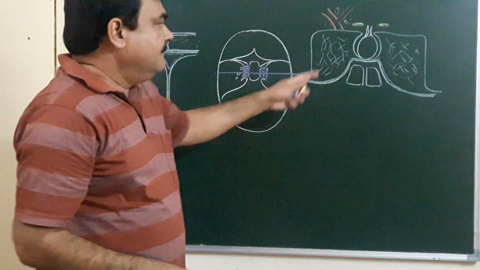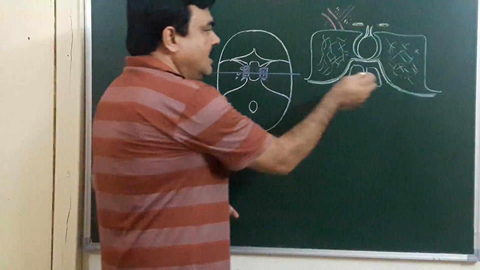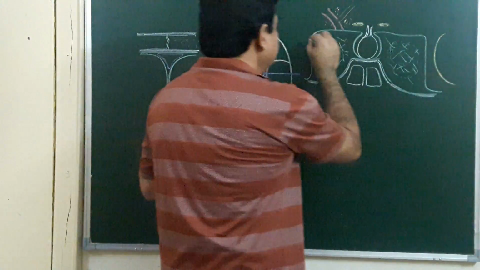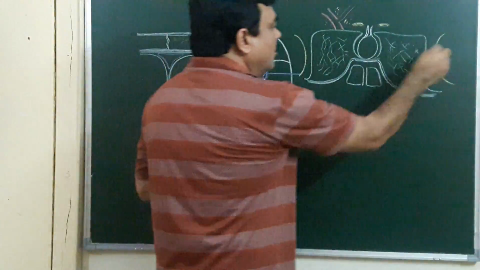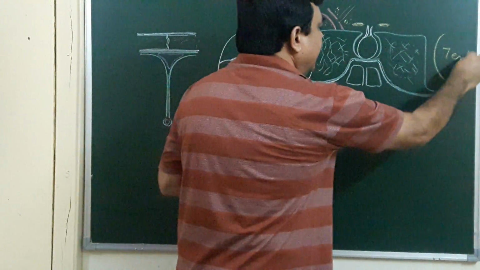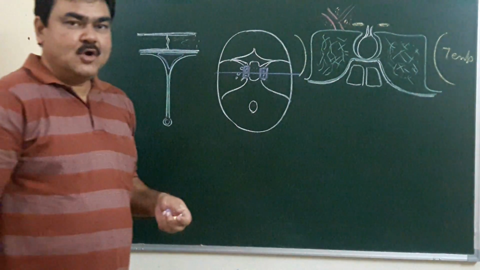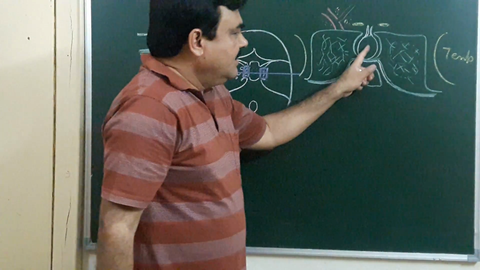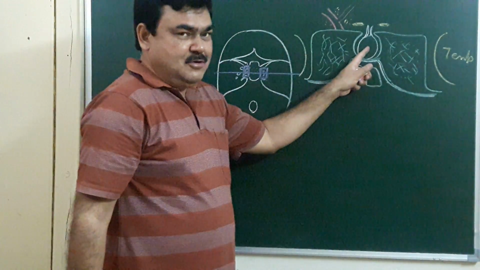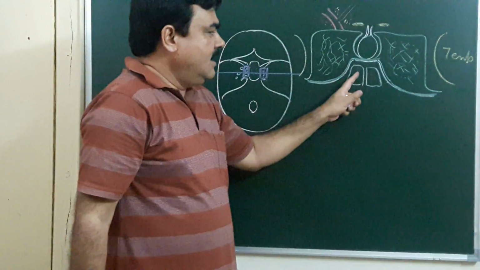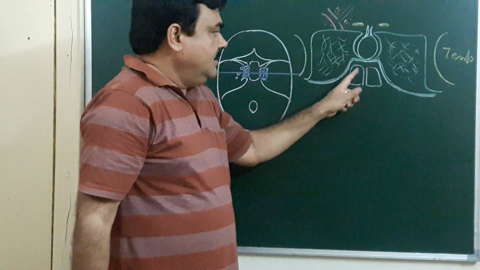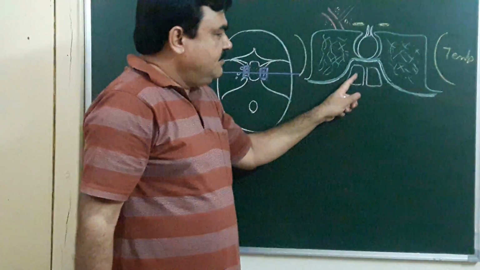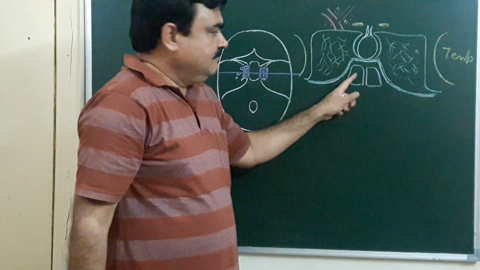And the structures which are related on each side: on the lateral side, there is the temporal lobe of the brain. And on the medial side, this is the pituitary gland and the body of the sphenoid with sphenoid air sinuses.